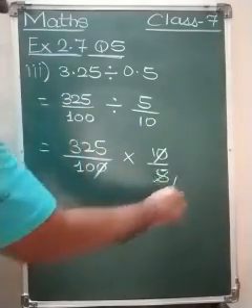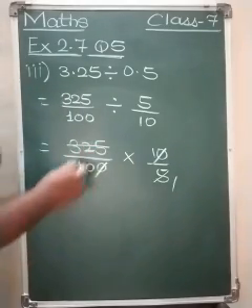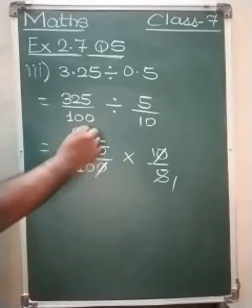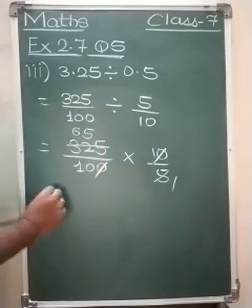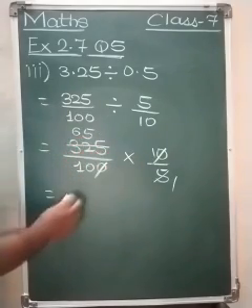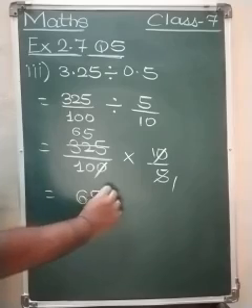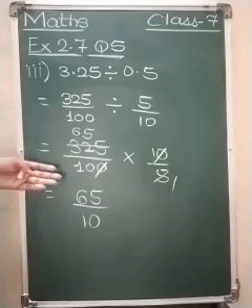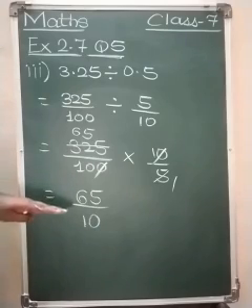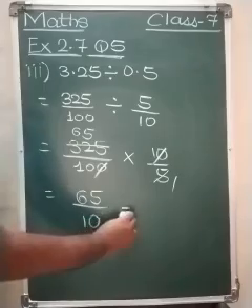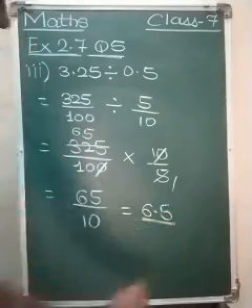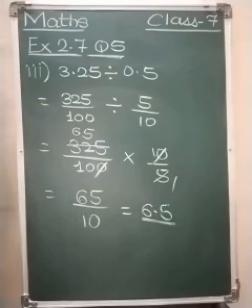So 5 ones are 5, 5 sixes are 30, 2 is the remainder, 25, 5 fives are 25. So we get the answer as 65 upon 10. Now we just have to convert this number into a decimal number. So this would be 6.5.